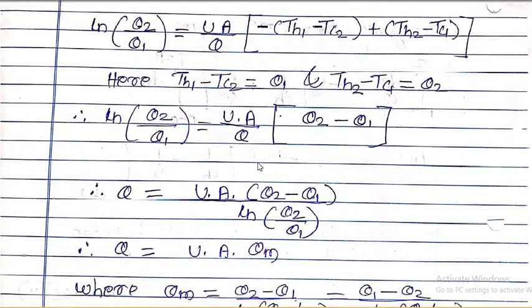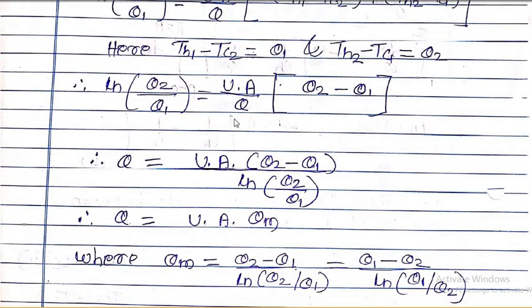So if you rearrange the equation in the form of total heat transfer, Q is equal to u multiplied by a multiplied by theta 2 minus theta 1 divided by ln of theta 2 divided by theta 1. The general equation for the total heat transfer for the heat exchanger is Q is equal to u multiplied by a multiplied by theta m.